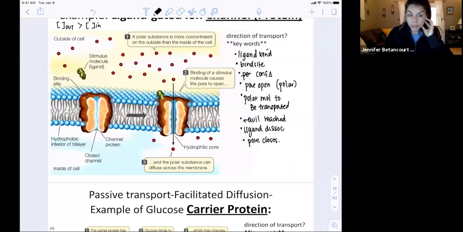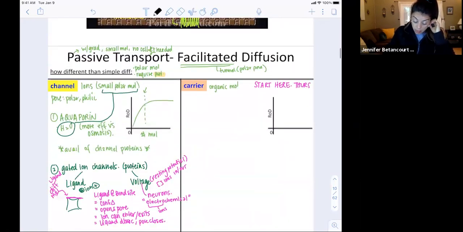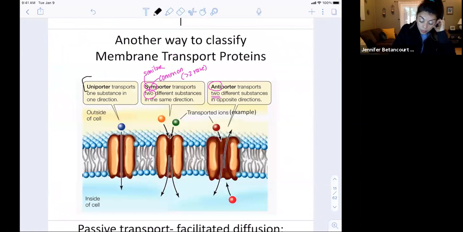Okay, so there's your example of a ligand-gated ion channel protein. So these would be little ions. That's also an example of a uniporter, right? Because it's one molecule entering one way. That protein only transports one molecule.